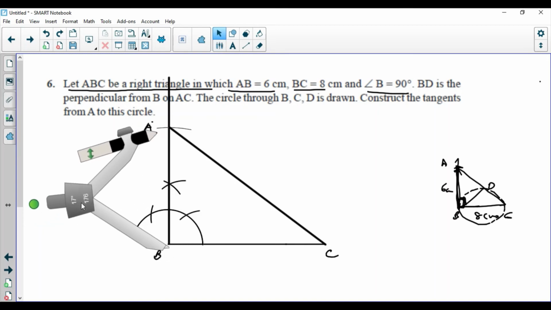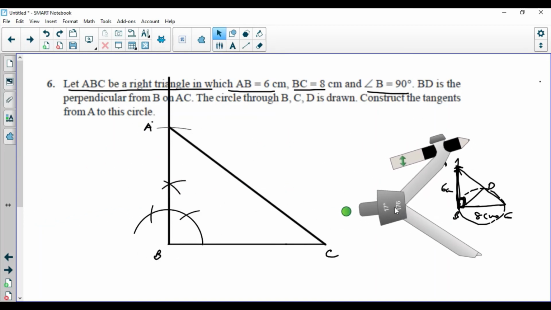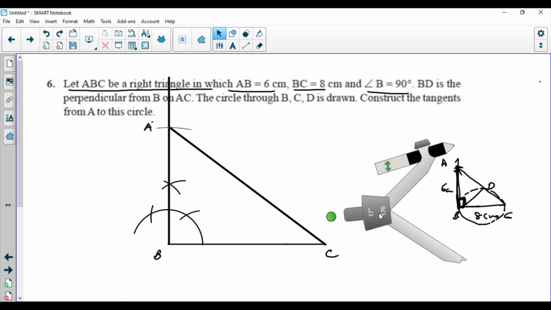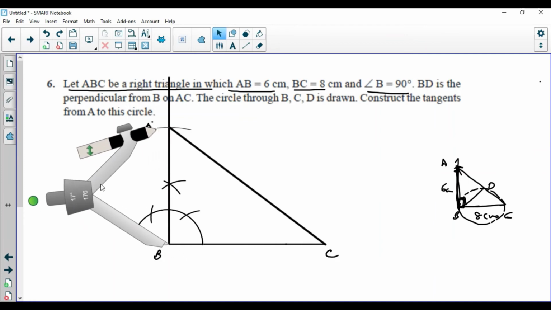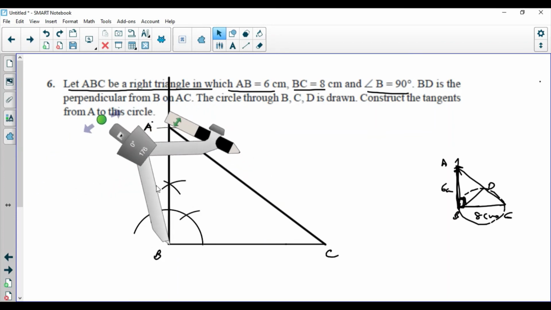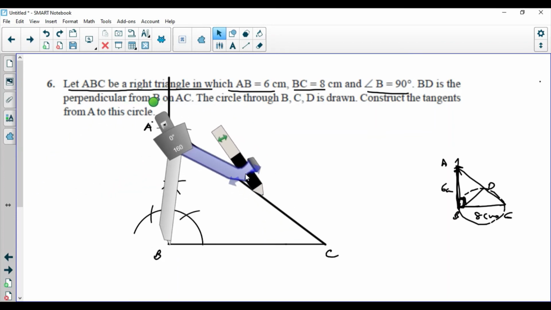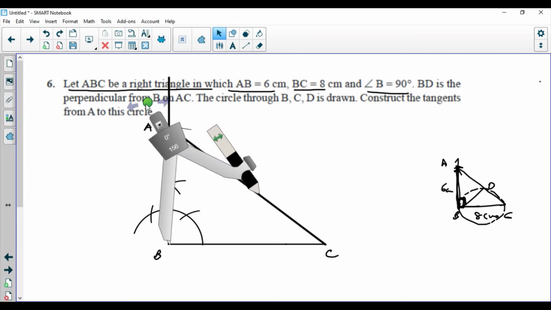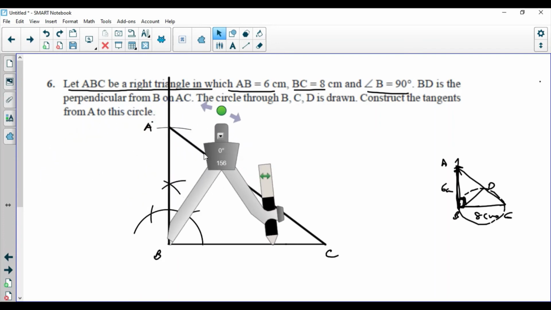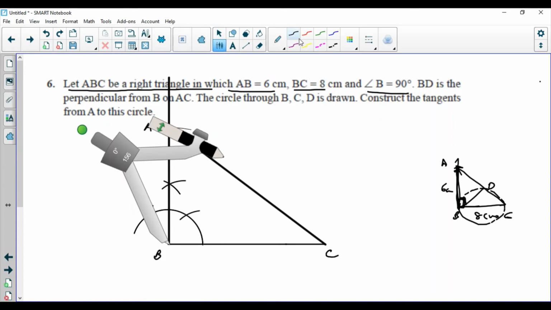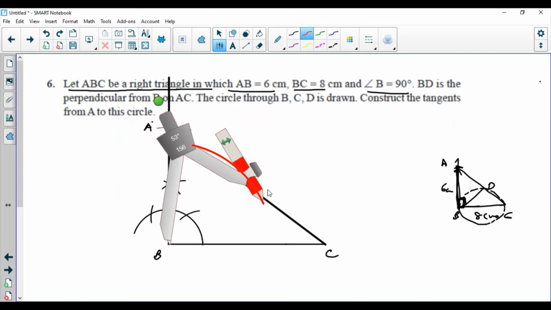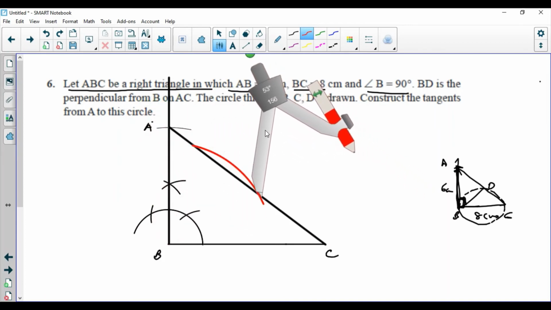BD is the perpendicular. Okay, so from B we have to draw perpendicular. See, perpendicular only, not bisector. Okay, so from outside point we have to draw perpendicular on AC line. Okay, so remember you have to take radius such that this curve will meet at 2 points. This is the method to draw the perpendicular from outside point given. These 2 points we got here.